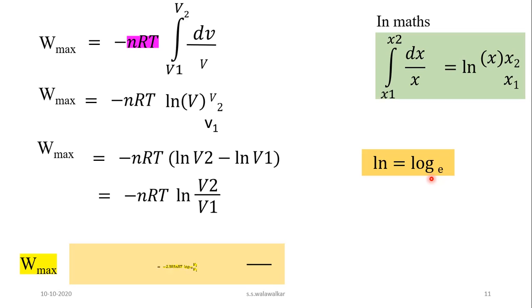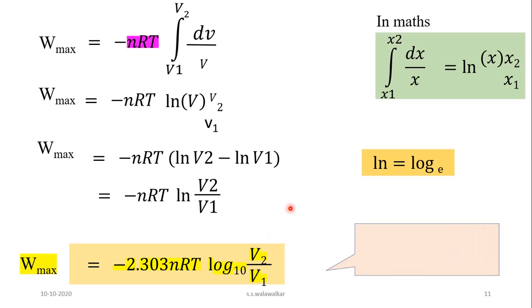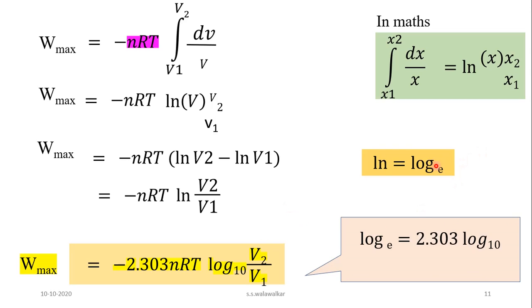So here w max is equal to minus 2.303 nRT log to the base 10 V2 upon V1. Here ln means log to the base e, and when it is converted into log to the base 10, you have to multiply it by the factor 2.303.